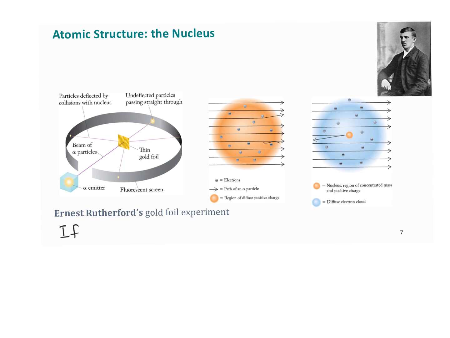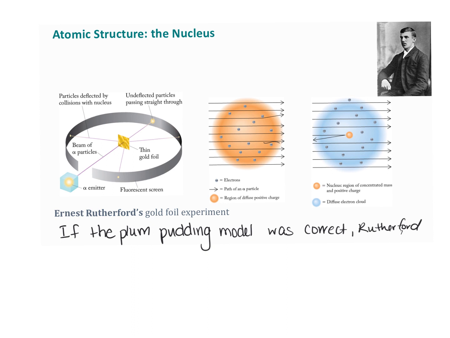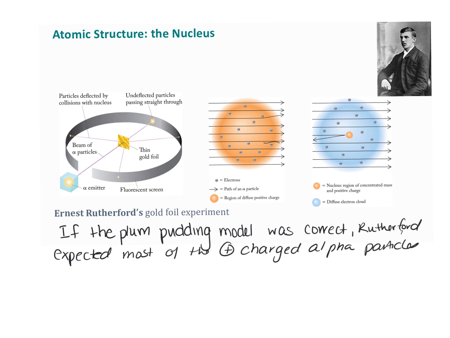So if the plum pudding model was correct, Rutherford expected most of the positively charged alpha particles to pass straight through.